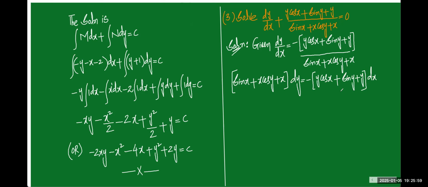Minus we bring to that side. So this problem I want to write like this. This implies that minus will become plus: y cos x plus sin y plus y.